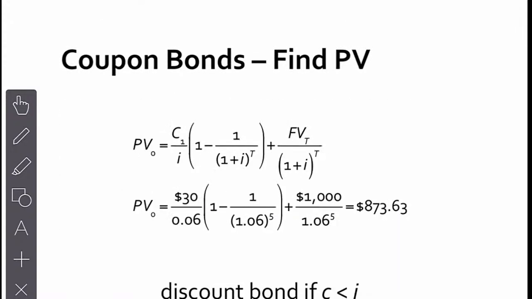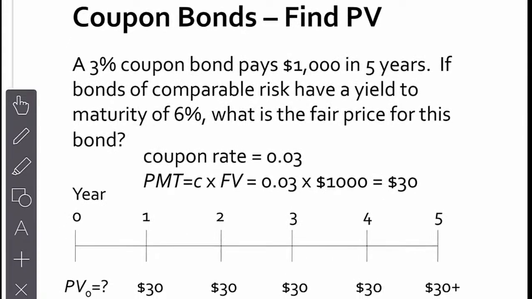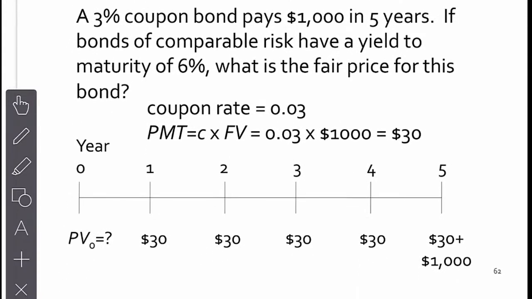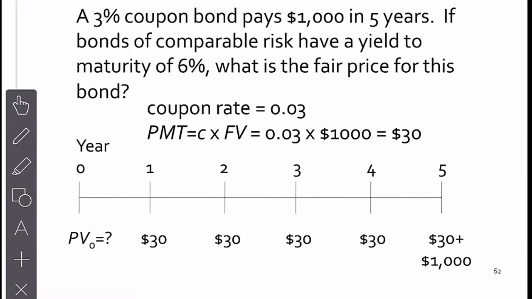This is always the formulas you need. You need the timeline, and you need to know how to punch this into your calculator in the financial keys. Okay, so here's an example, slide 62. Your coupon now has a rate of 3%.